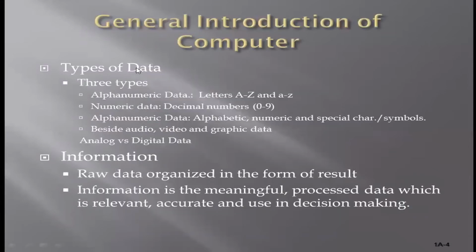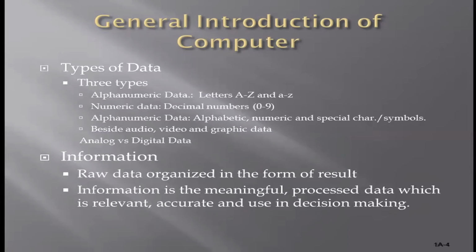Types of data. Data has many types and many forms, but there are three general types. Alphanumeric data. What is alphanumeric data? Data which has alphabets and numbers is called alphanumeric data. Data which has only text, only alphabets, is called alphabetical or textual data.